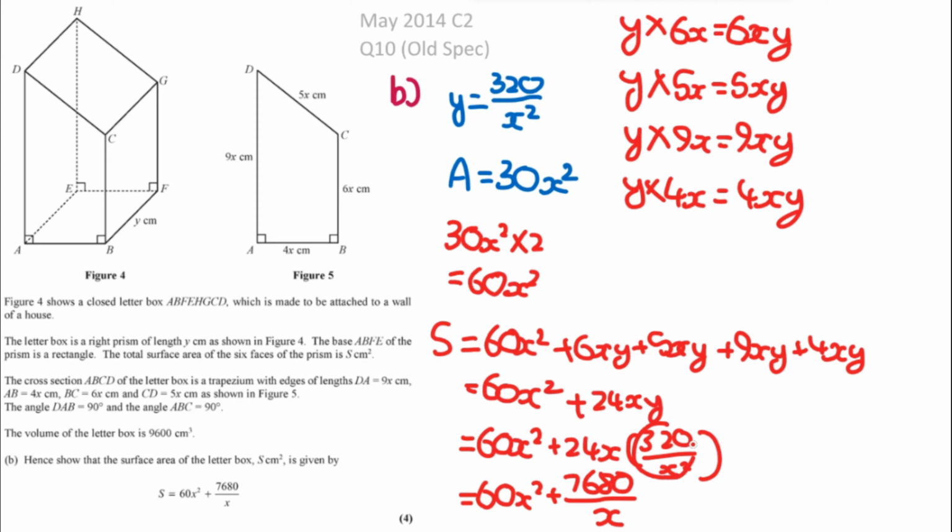So if you want to, you can write 320 over x squared as 320 x to the minus 2 and then times this by x to show that it gives x in the denominator. So this is the final equation. S is equal to 60x squared plus 7,680 divided by x.